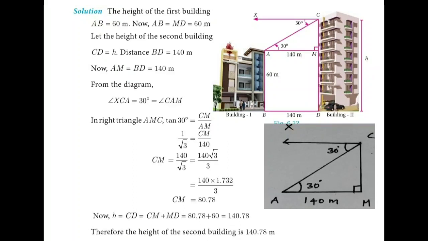Then 140 shifted to left hand side, 140 divided by root 3 is equal to CM. Then CM is equal to 140 divided by root 3.